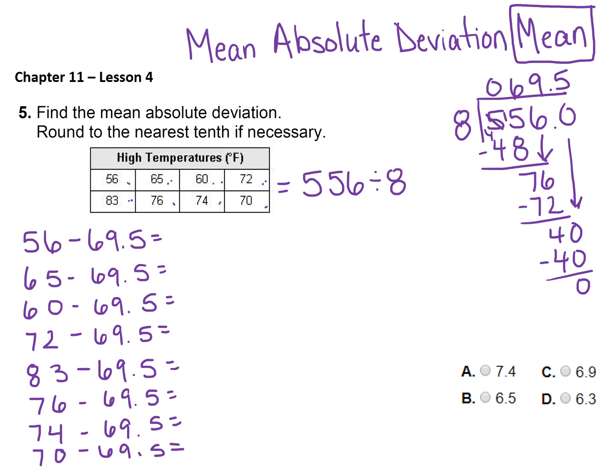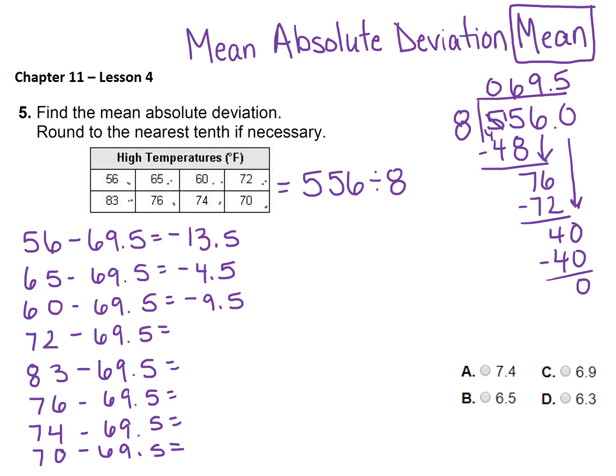So 56 take away 69.5 equals negative 13.5. 65 take away 69.5 is going to give you negative 4.5. 60 take away 69.5 is negative 9.5.